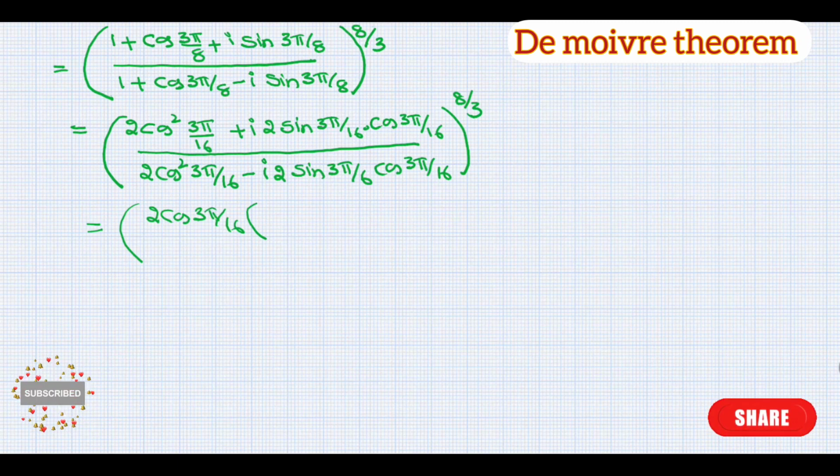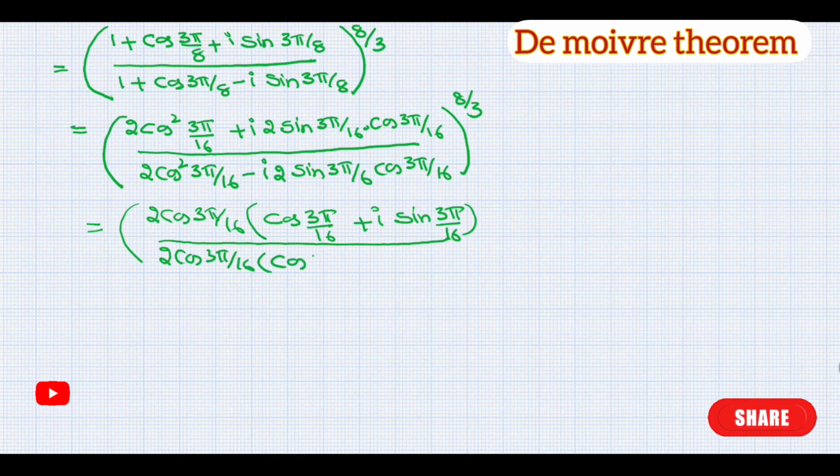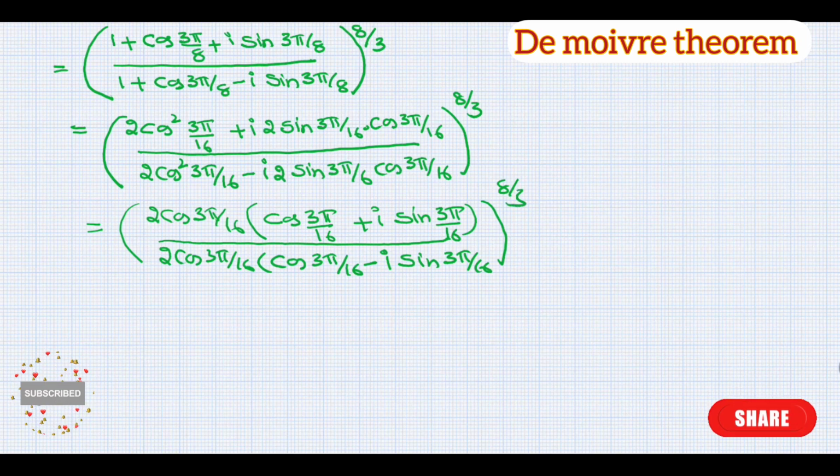Then we get 2 cos 3π/16 into (cos 3π/16 + i sin 3π/16) divided by 2 cos 3π/16 into (cos 3π/16 − i sin 3π/16), whole power 8/3. Here 2 cos 3π/16 and 2 cos 3π/16 cancel.